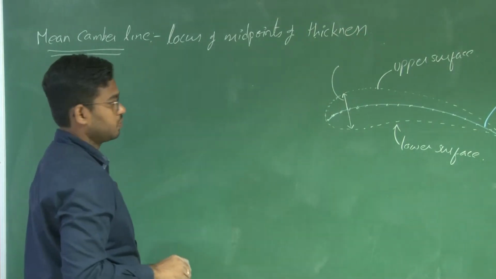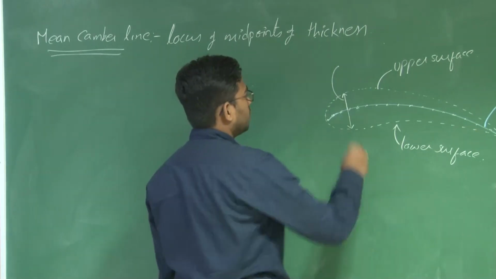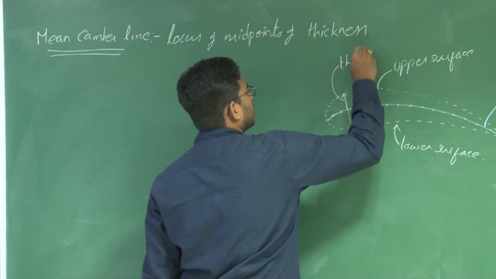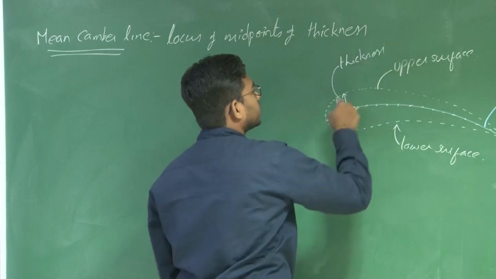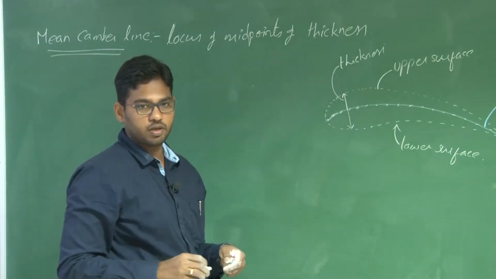And you have upper surface and lower surface here, and you have thickness, which is the distance between upper surface and lower surface, measured perpendicular to this mean camber line.